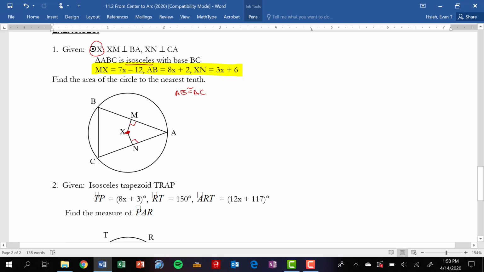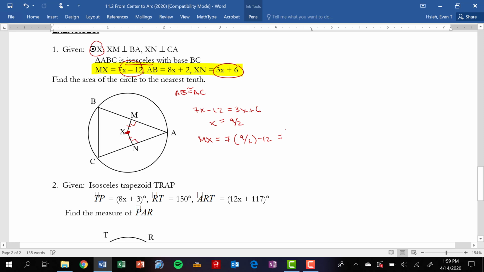I know that this distance is the same as this distance, so I know that 7x minus 12 is equal to 3x plus 6. If I solve this, I get x is equal to 9/2. I'm going to check my work on that. When I plug it back in, MX is 7 times 9/2, or 4.5, minus 12.